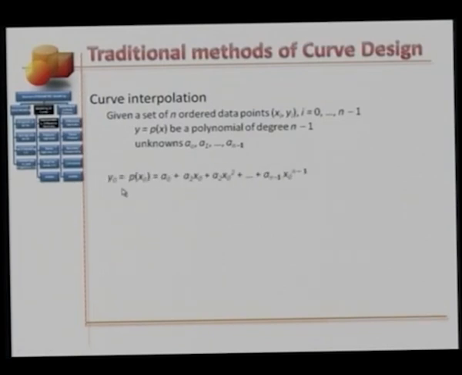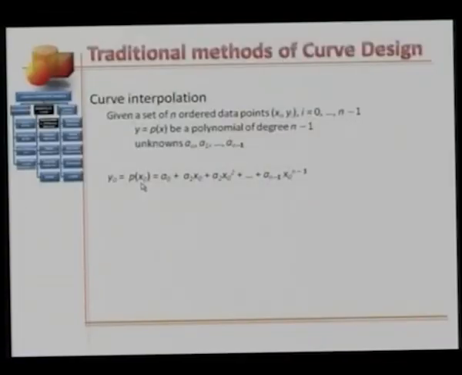As I said before, this is how the polynomial is going to look like: a sub 0 plus a1 x sub 0 plus a2 x0 squared plus a sub n minus 1 x0 raised to n minus 1. This is the polynomial when x0 is used in place of x. Clearly, the left hand side will be the value y sub 0.